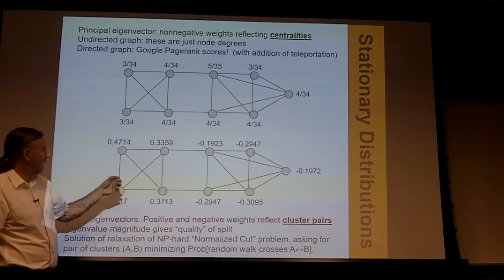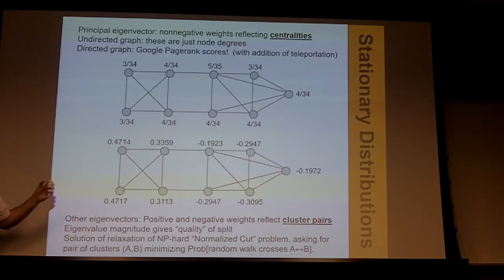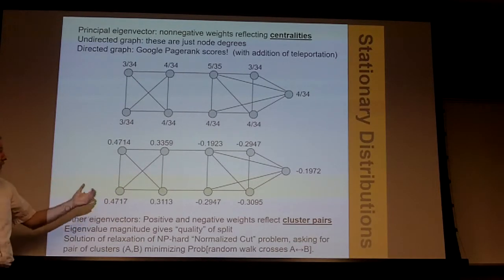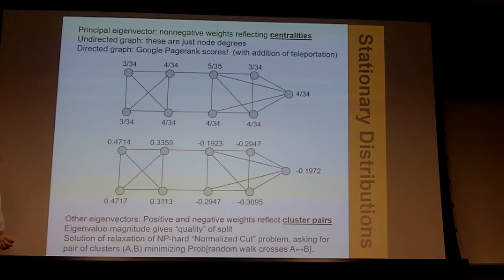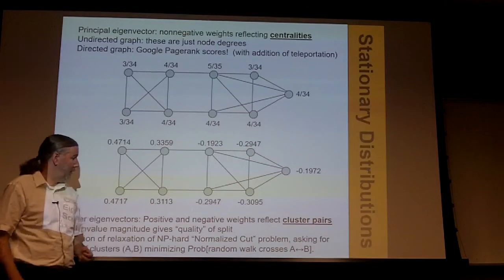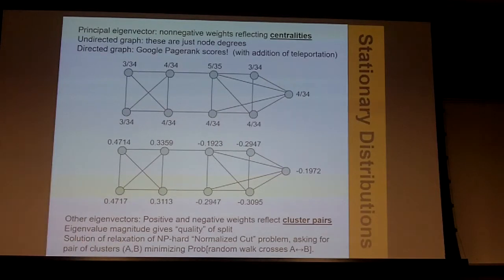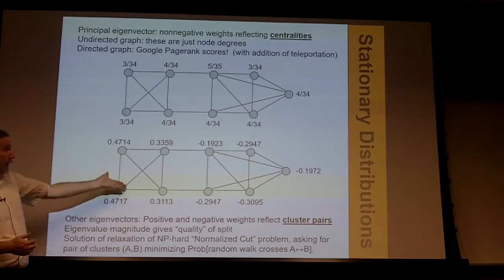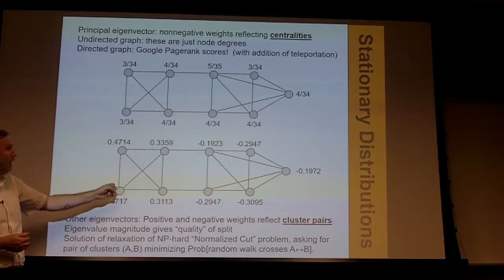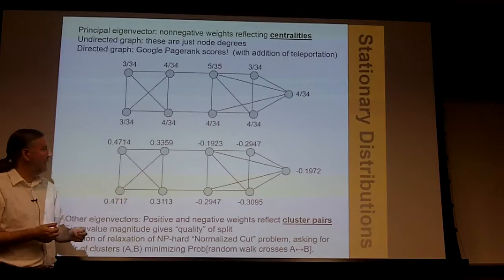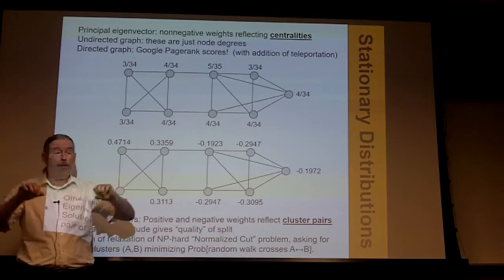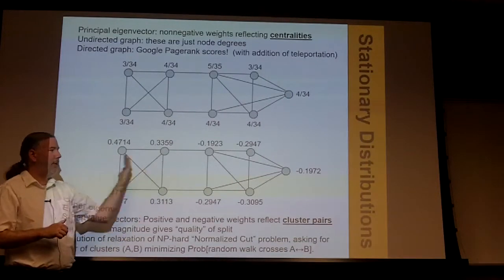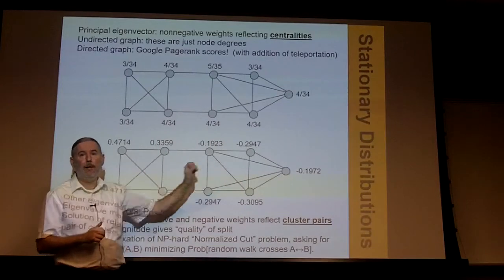Another nice way that you can argue that this should result in a good pair of clusters is that there's a prominent cut problem called the normalized cut, which is, unfortunately, an NP-hard problem. It's very hard to solve exactly, but we can relax the problem to one that this is the optimal solution of. What I mean by a relaxation is that when you ask for a partition of a graph, you're saying I want some nodes on the left side and some nodes on the right side.